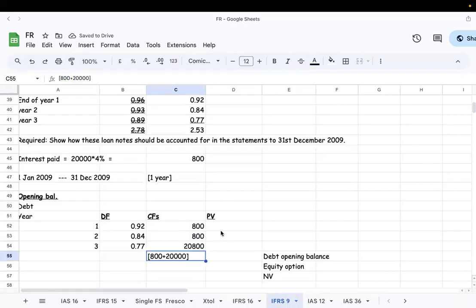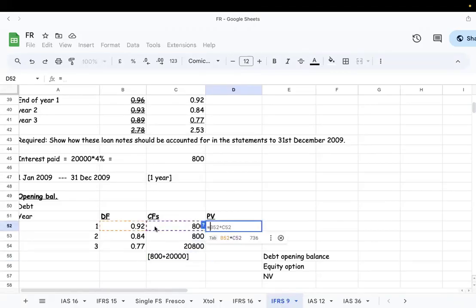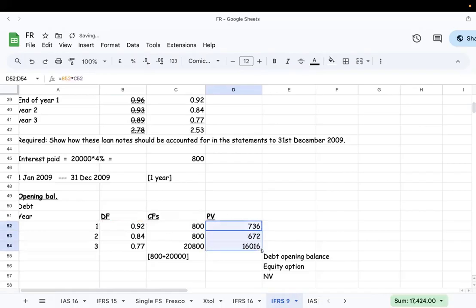And how do you get the present value? Present value is equal to the discounting factor into the cash flows. So that is this much.